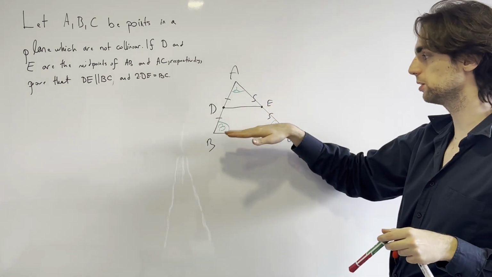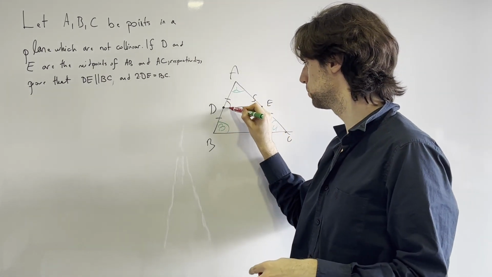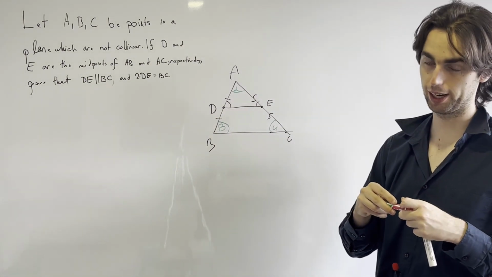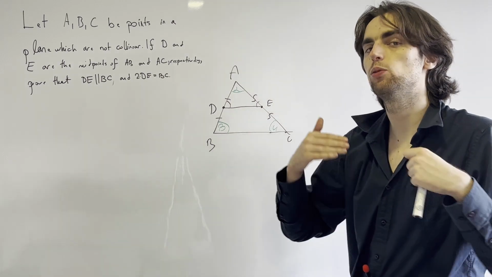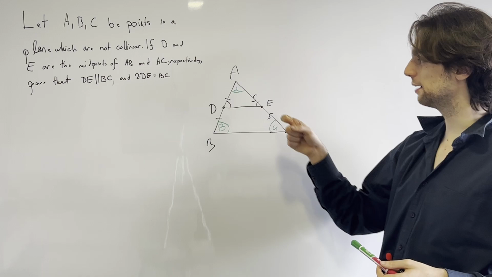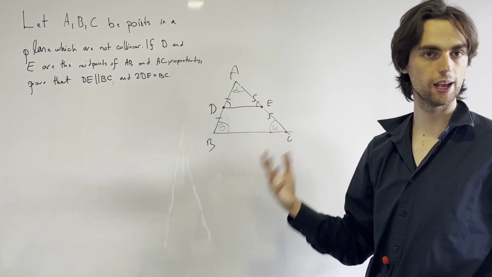Now, if this was parallel to this, we would have that this angle was beta and this angle was gamma. Okay? And then what would we have? The answer is we would have that ADE and ABC are similar triangles.